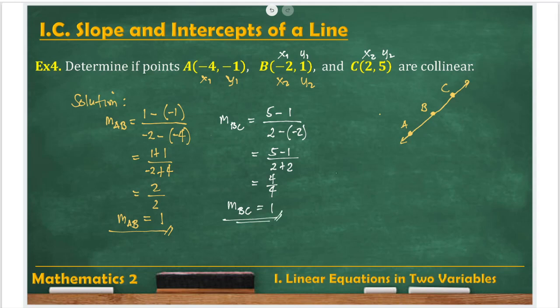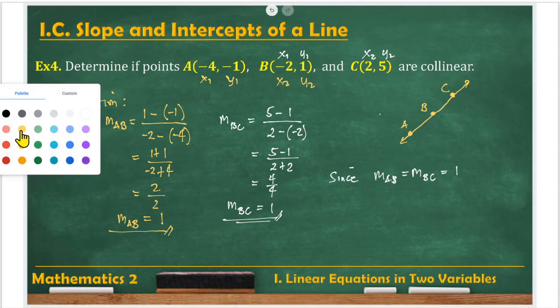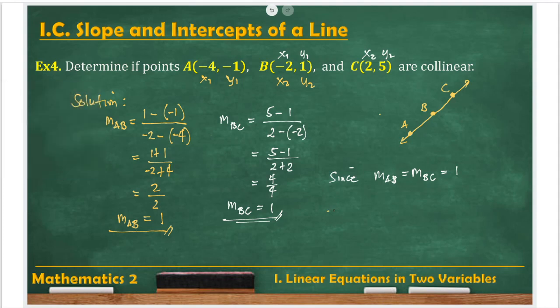And since M sub AB is equal to M sub BC, which is both equal to 1, we can now say that points A, B, and C are collinear.